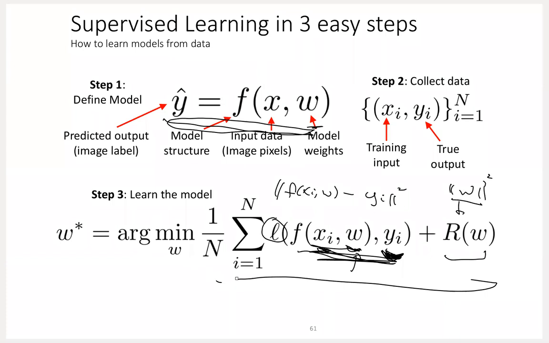Of course I should sum over all the data points, so if I have n data points, I add all this together, and then try to minimize this with respect to W. Again, it's just an optimization problem to solve. It's like what's going on for SVM. But the difference is that for SVM we have a simple quadratic problem, but here, because I have this F, this model here is in general nonlinear.